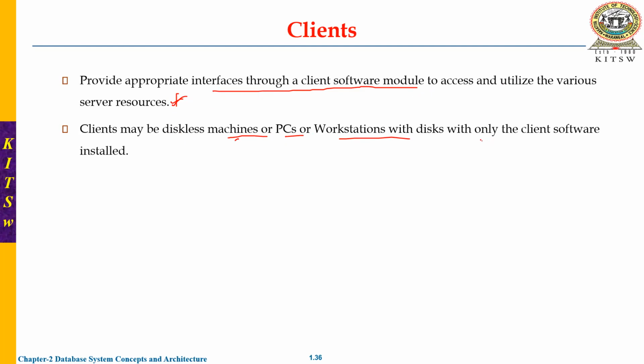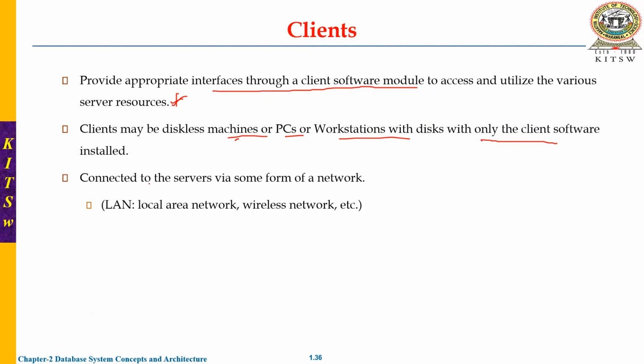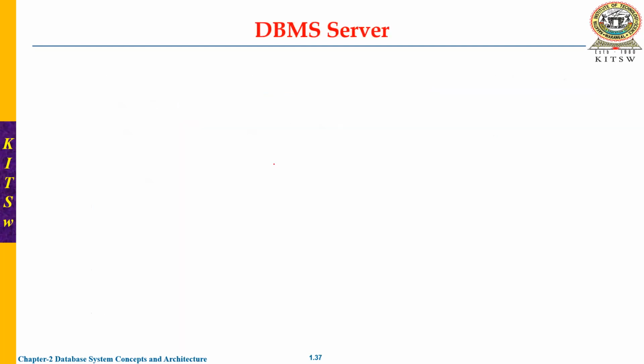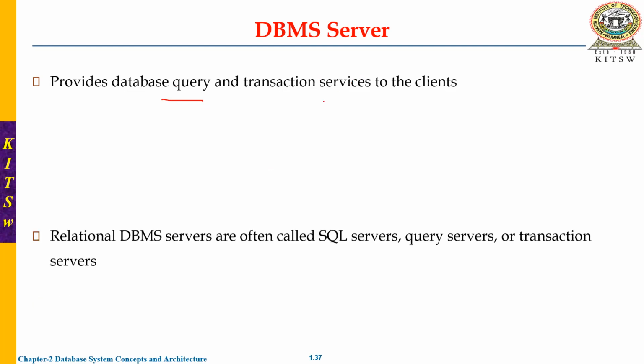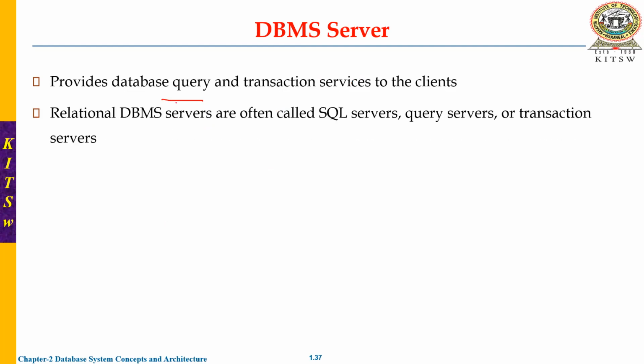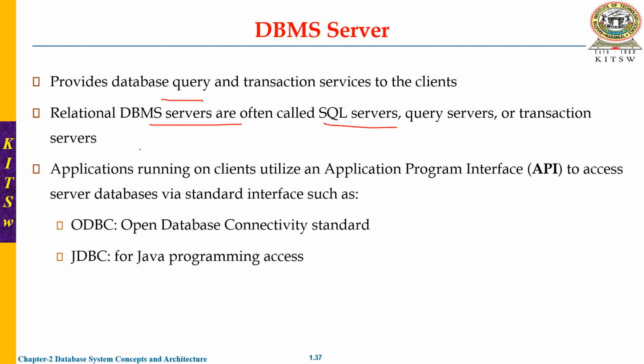With this, only the client software is installed and connected to the server via some form of network, either a local area network or a wide area network. The DBMS server provides database query and transaction services to the clients, and relational DBMS servers are often called SQL servers, query servers, or transaction servers.